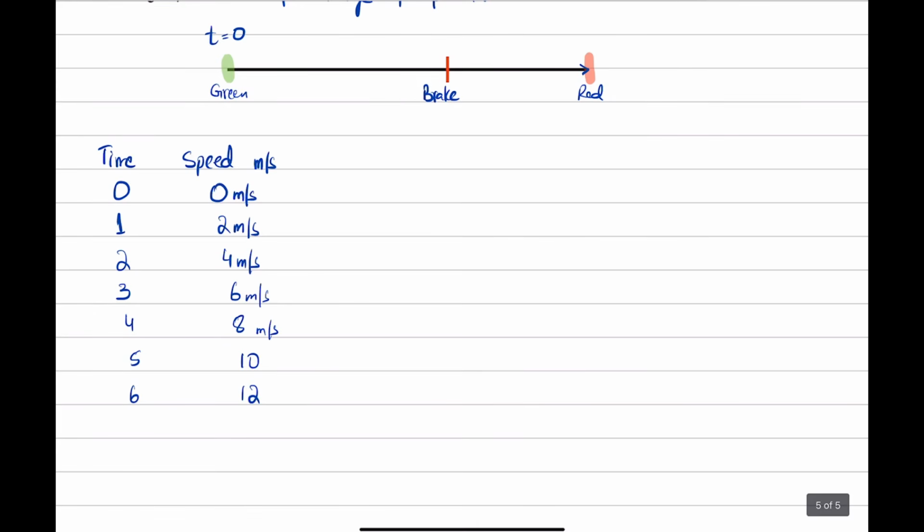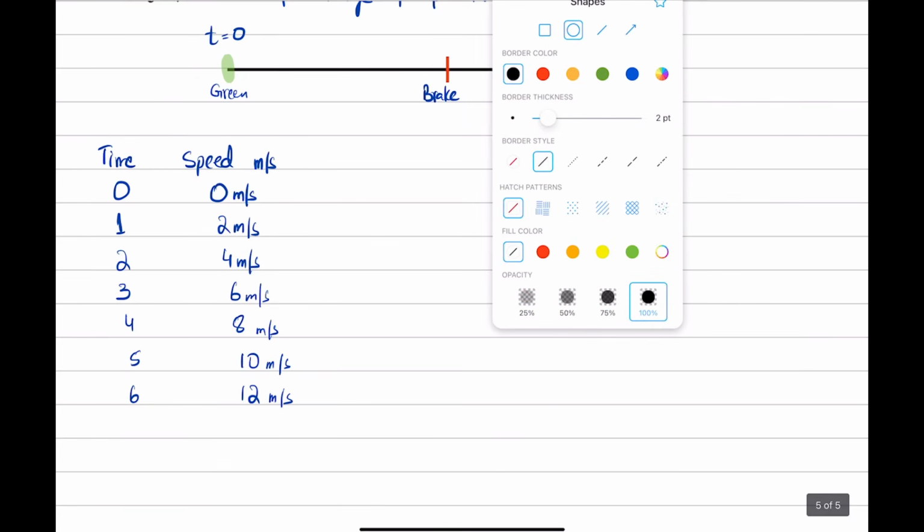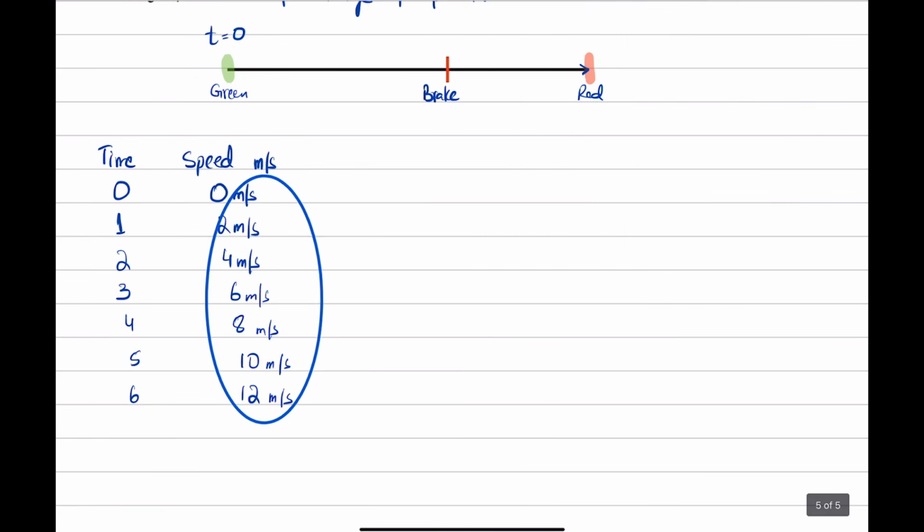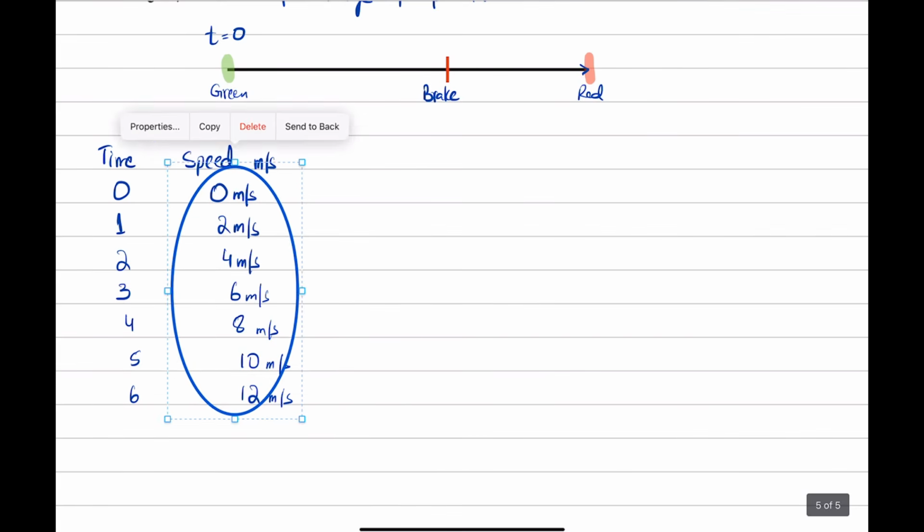Now, do you notice something? Every second, the speed is increasing. Now answer this. Every second, is the speed increasing by the same value or is it increasing by a different value? It's the same value. So what do we say over here? We say that the rate of change of speed is constant.